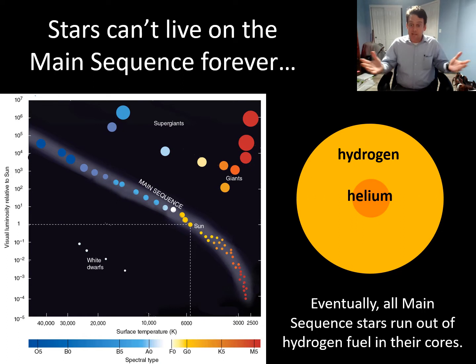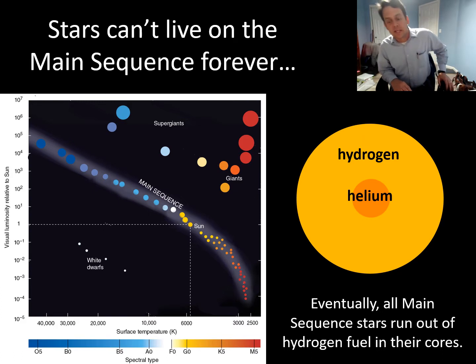So again, last time we discussed the formation of true stars from protostars and the birth of the star on the main sequence. But it turns out that stars don't live on the main sequence forever. And the reason is simple enough to understand, because what defines a main sequence star is the nuclear reactions occurring in the core converting hydrogen to helium.